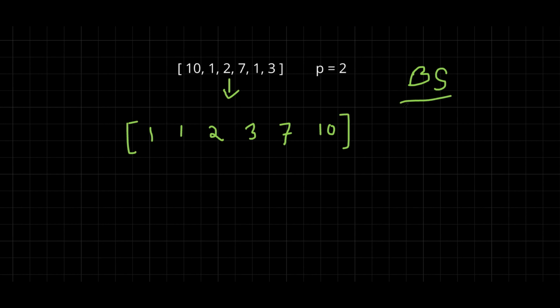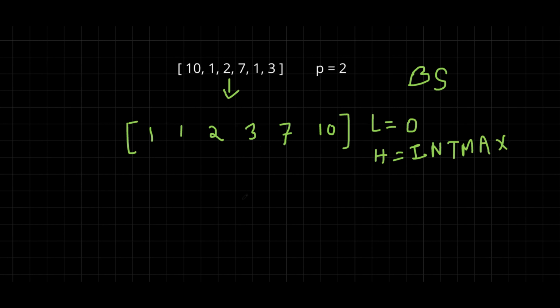Now, for the binary search, let's take two pointers. One is low, which is initially 0, and one is high. High is a large value, let's say it is int max value. Okay. Now, how does this binary search work?